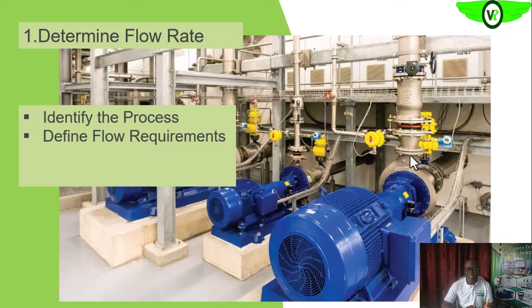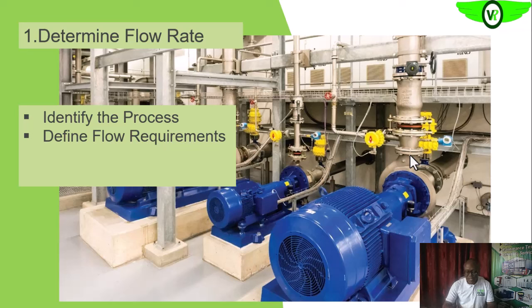Like we said earlier, you need to look at the P&ID to see the flow requirement at that section of your process. If the P&ID is not there, you can look at the process data sheet. The volume of liquid that will be needed per unit time will also be specified in the data sheet.